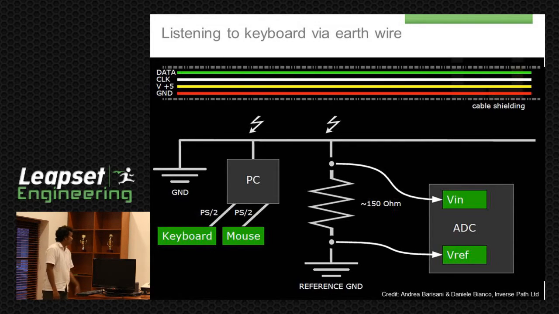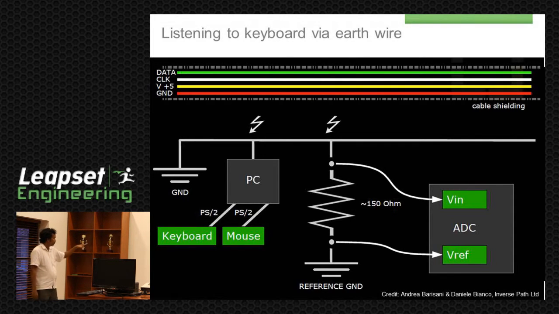So they have developed this experiment. You have your PC, PS2 keyboard connected, and you have your earth wire, right? So the earth wire is connected to ground. If you know something about electricity, this earth wire is at volt 0.